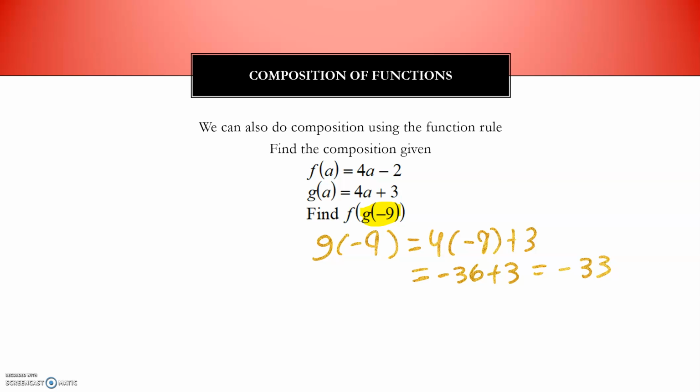Going back to my original, I would like f of g of negative 9. I just figured out that g of negative 9 is negative 33, and I now need to find f of that value.